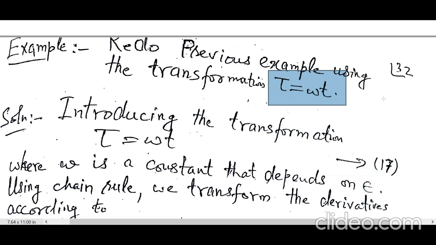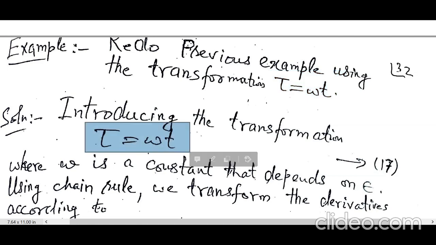Therefore we will introduce the transformation tau is equal to omega t, where omega is a constant that depends on epsilon and which needs to be determined, and we will find it.